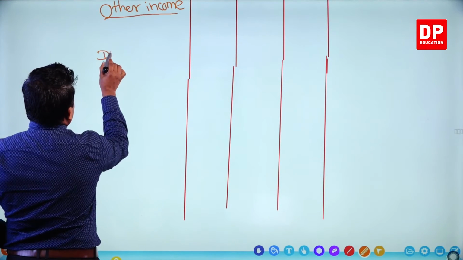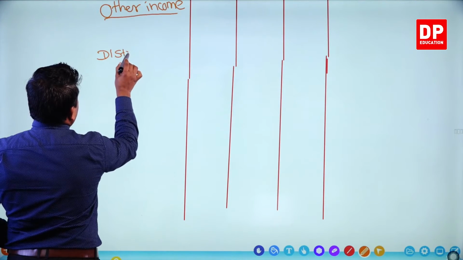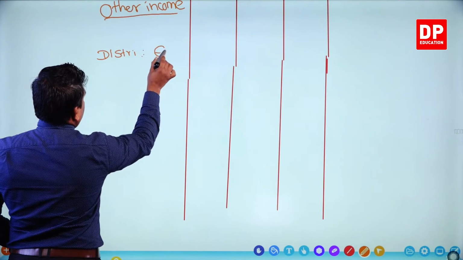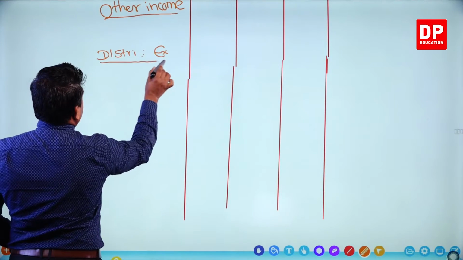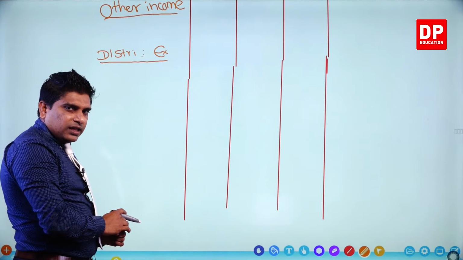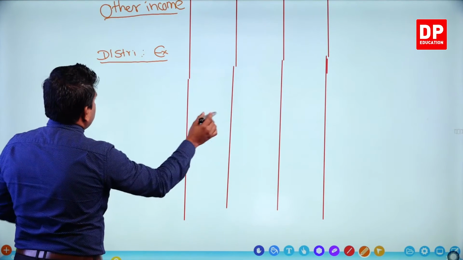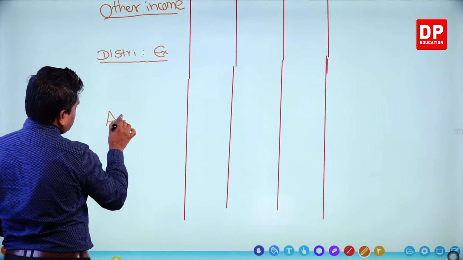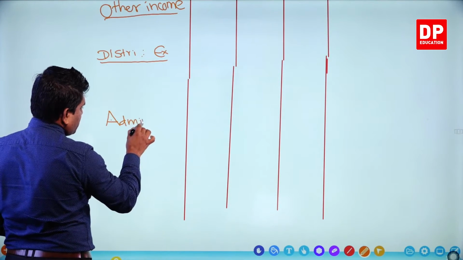I put distributing expense here, it's a heading. Then you count how many expenses are there and give the space. After that administration expense.